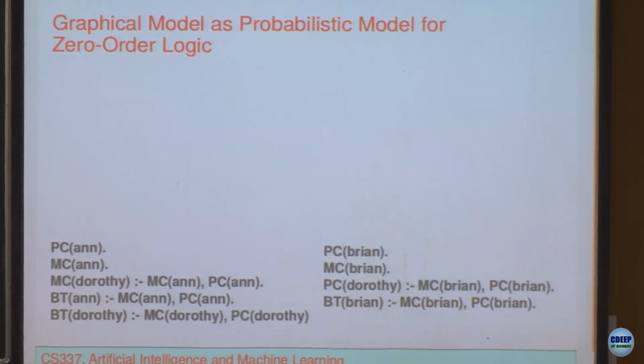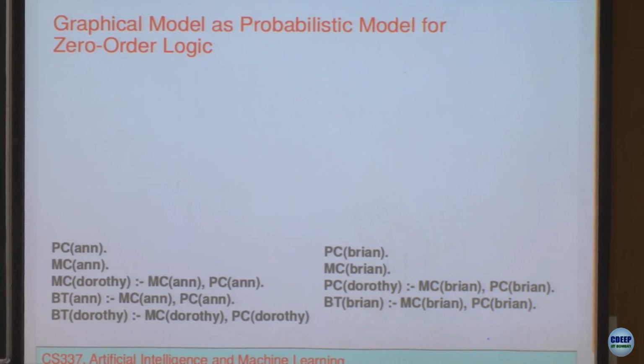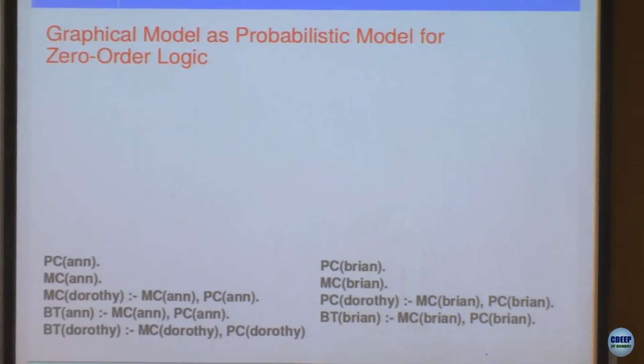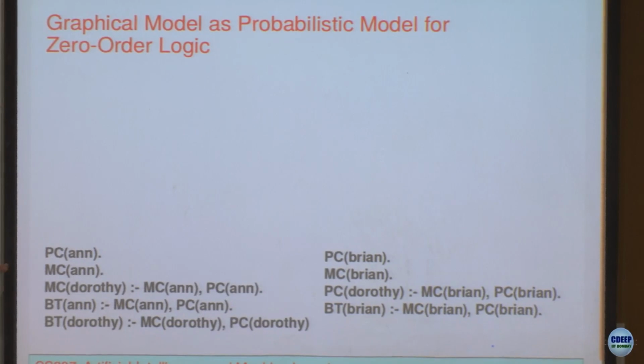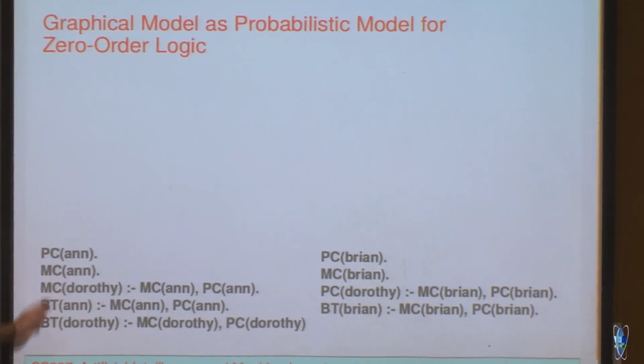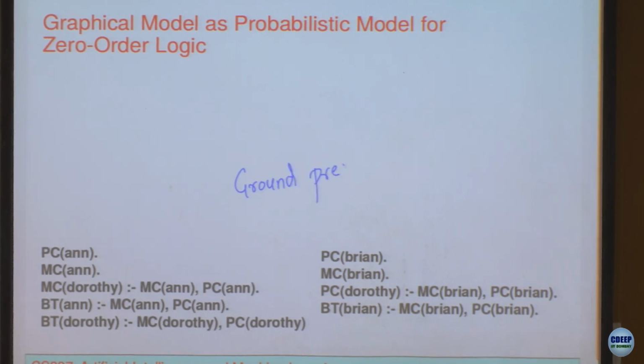And let's also relate this to logic. All of you have done a basic course on propositional logic, right? Logic, you had a course, yes or no? Right, so you might have seen things like this. These are all ground predicates. First order logic as well, obviously you have done. So Anne, Dorothy, these are, let's say, people.